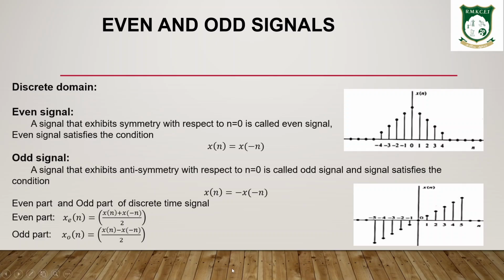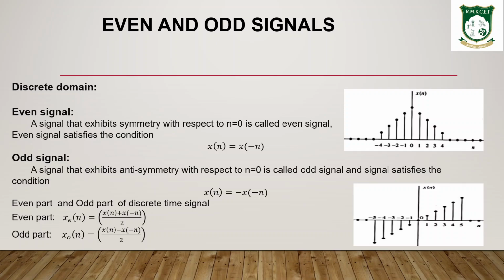These are the formulas to calculate the even part and odd part of any signal. So if a signal is an even signal, the odd part will be 0, that is xo of n is equal to 0. If a given signal is an odd signal, then xo of n exists and xe of n is 0.